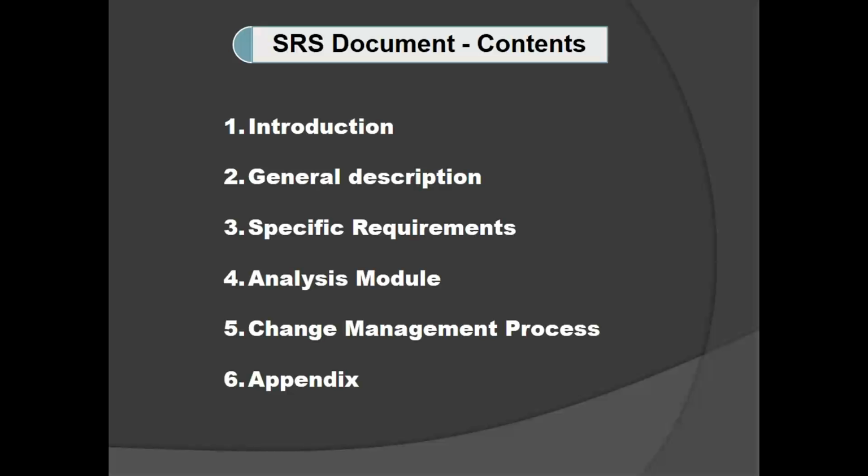For example, for enterprise analysis, if you are using SWOT analysis or gap analysis, we are going to specify here that for this project we have used SWOT analysis and gap analysis. And for requirement gathering, if you are going to use brainstorming or JAD sessions, we are going to specify that we have used these techniques.